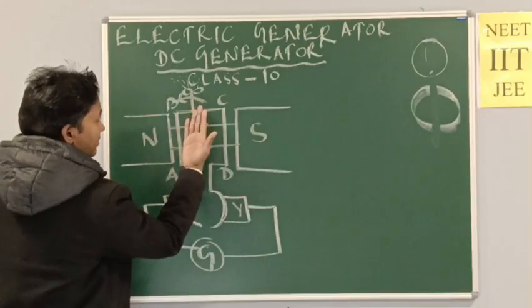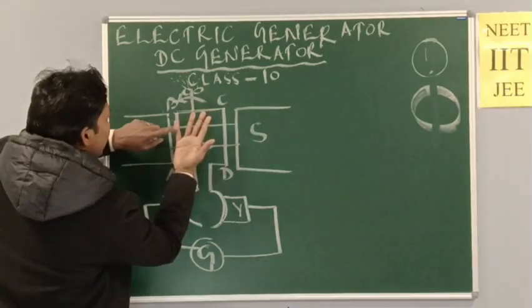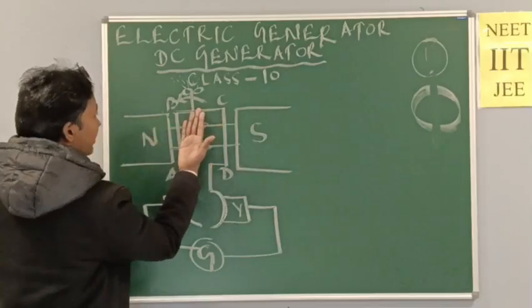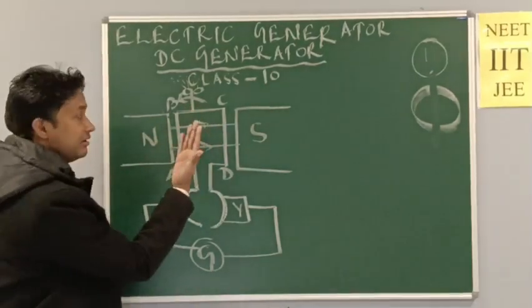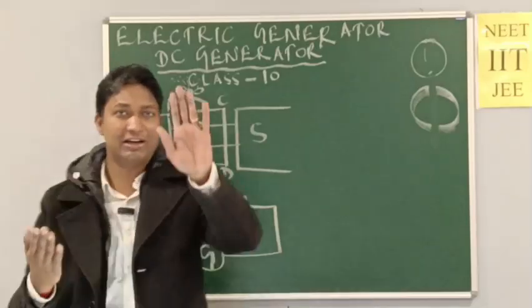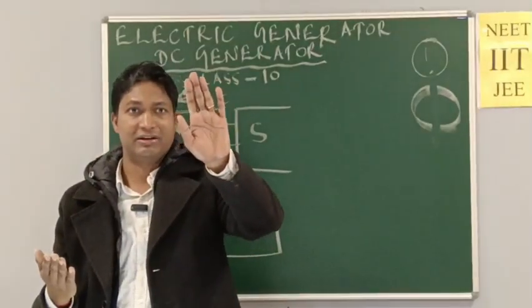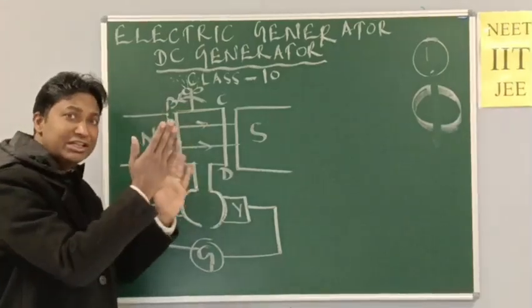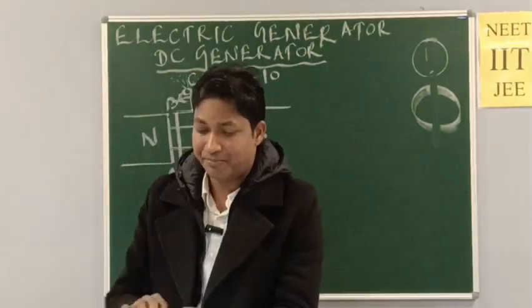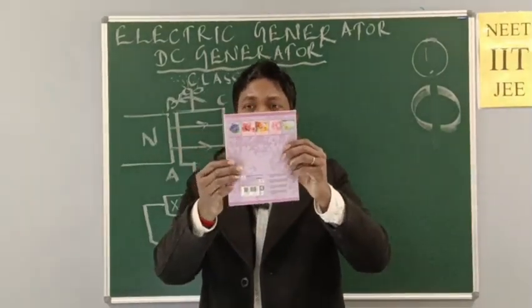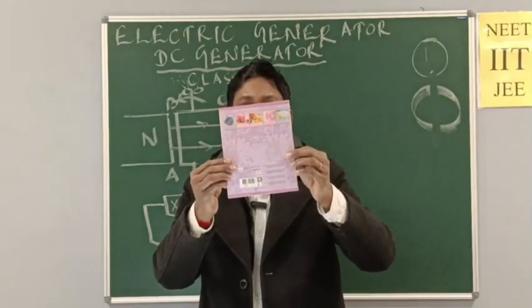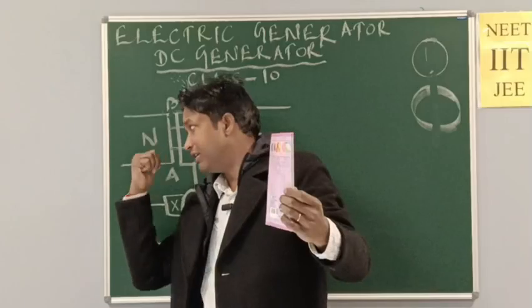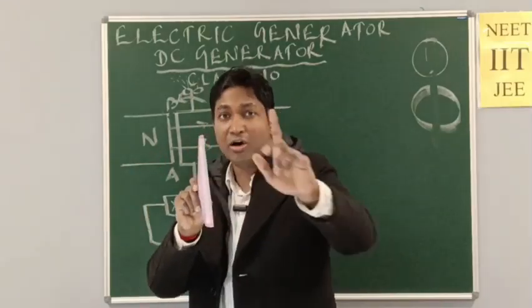Then AB goes inside, see here, anti-clockwise. If this is AB, this is CD, then with anti-clockwise rotation, AB is inside and CD is outside.